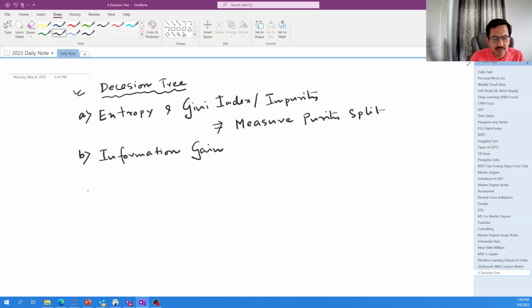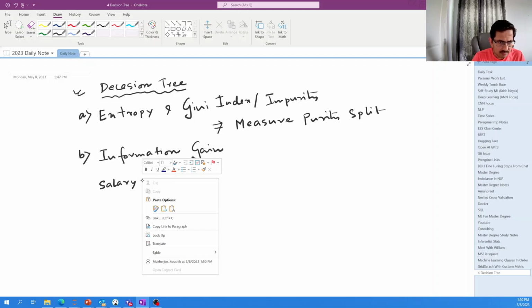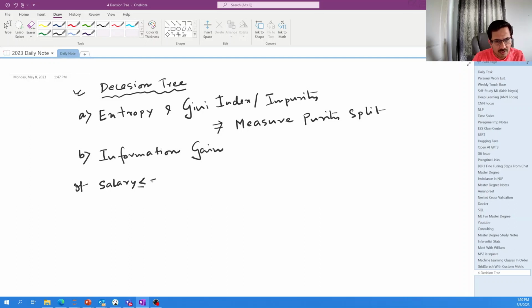Now, for me, decision tree is nothing but a nested if else. Let's consider an example. If salary less than or equal to 1500K, print low salary.